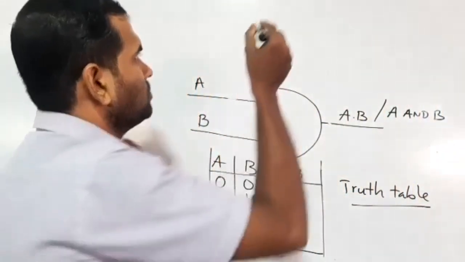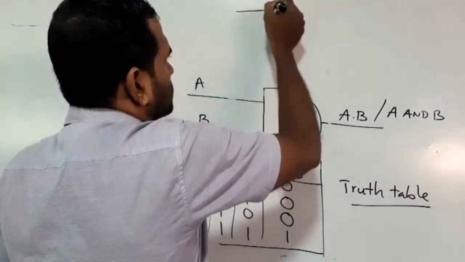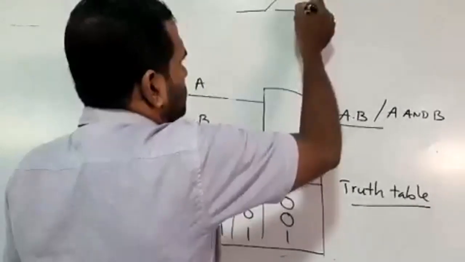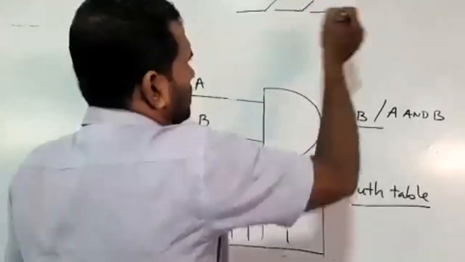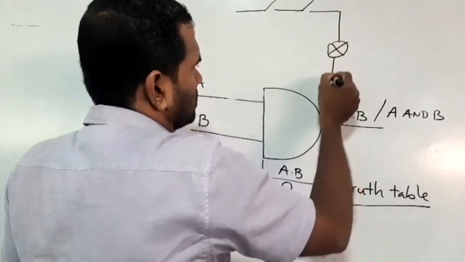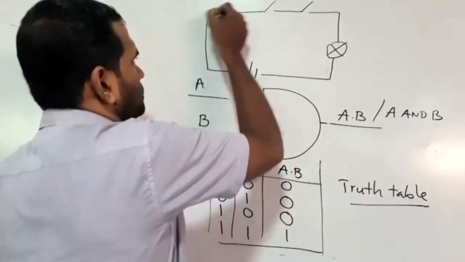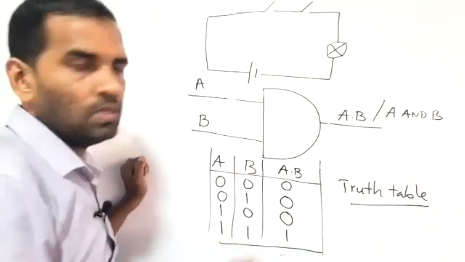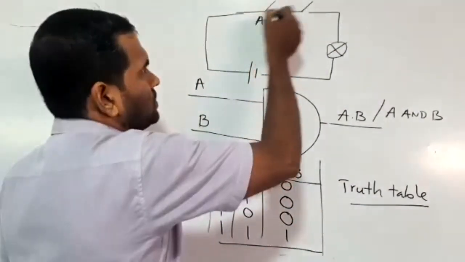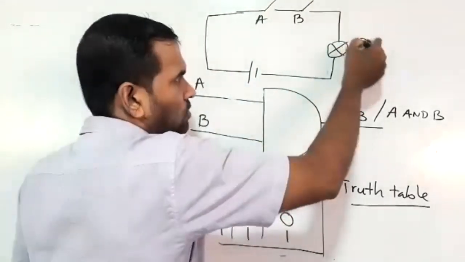It's a very simple thing. I take two switches, a bulb and a battery. This is switch A, this is switch B, and this is a bulb. Let me label it as Q.